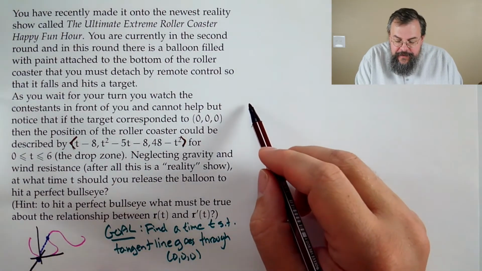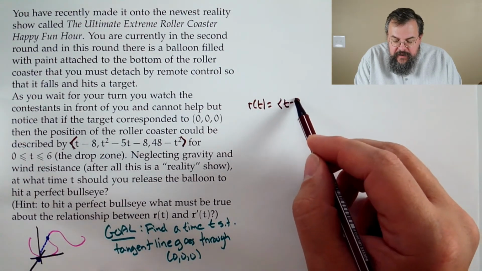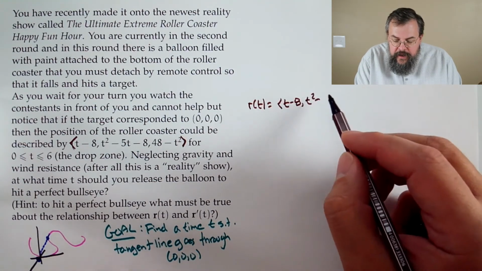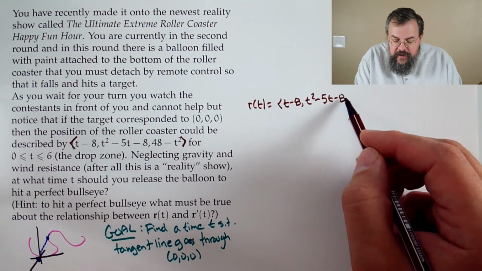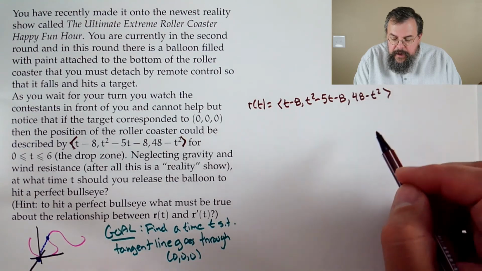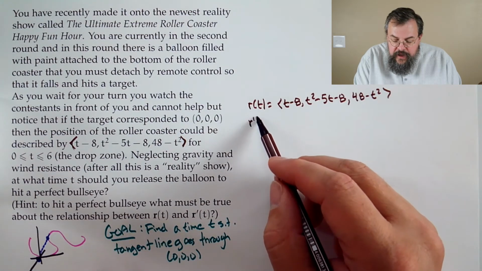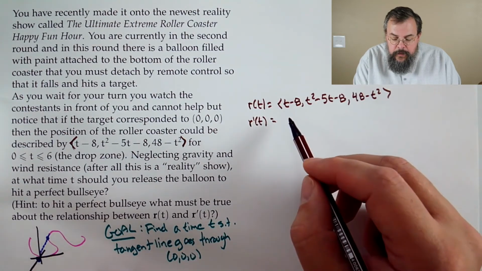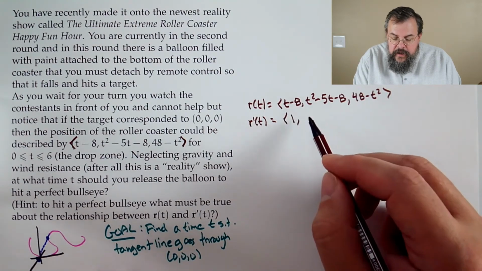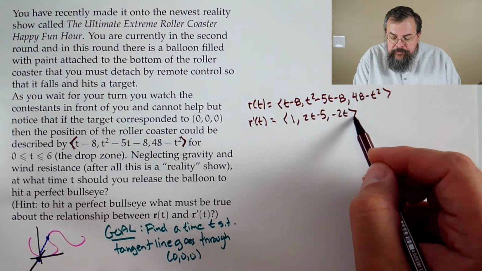So we have r of t equal to t minus 8, t squared minus 5t minus 8, and 48 minus t squared. And r prime of t, since we need our tangent line, will be 1, 2t minus 5, and minus 2t.